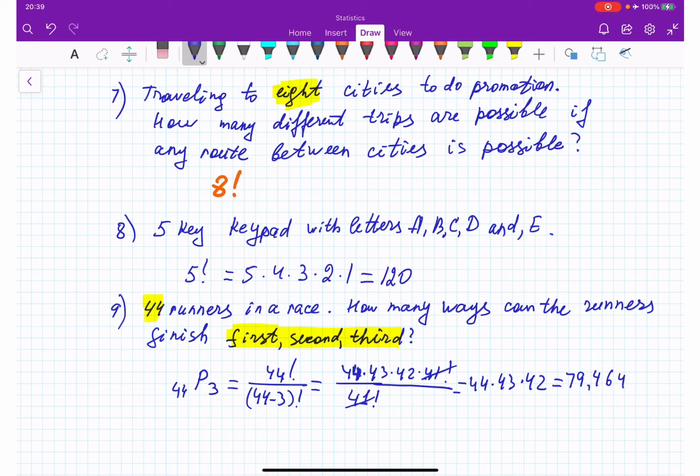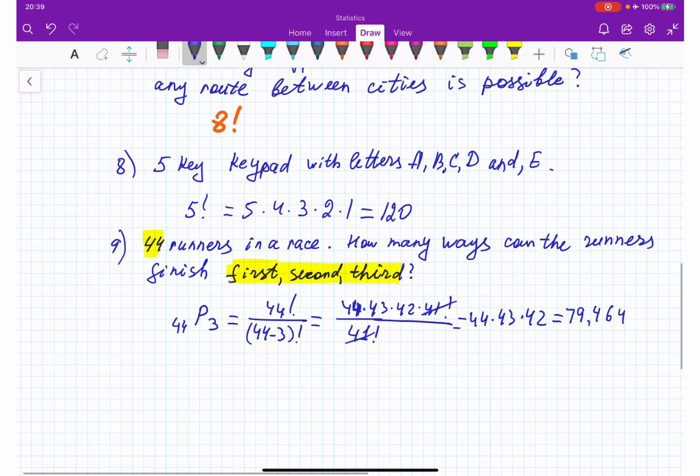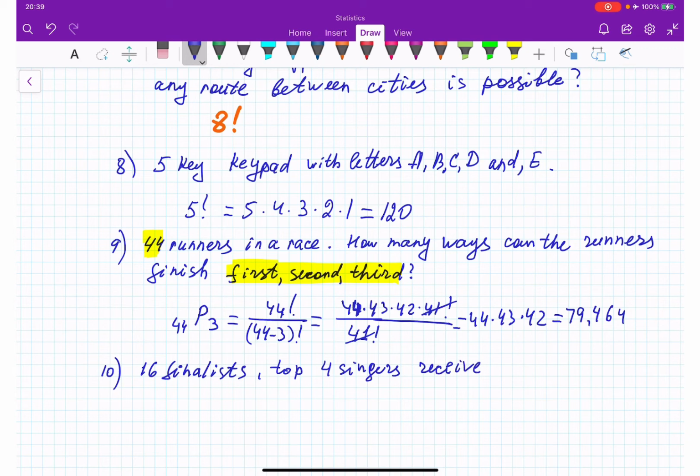Question number 10. There are 16 finalists in a singing competition. The top 4 singers receive a prize.